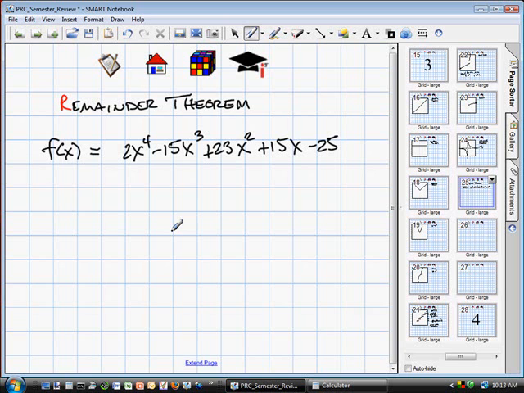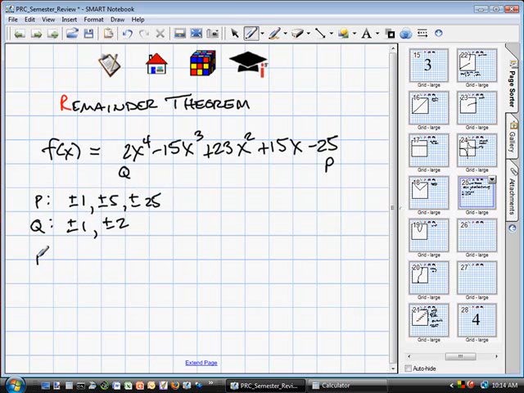So, how do I find a factor here? Well, wasn't the first thing we usually did the rational roots theorem, where we did this P over Q thing? Remember that? And we would break all the factors of P down, which would be plus or minus 1, plus or minus 5, plus or minus 25. Okay, and Q, plus or minus 1, plus or minus 2. Fortunately, there's not too many Q's.